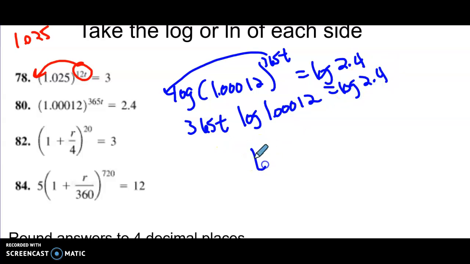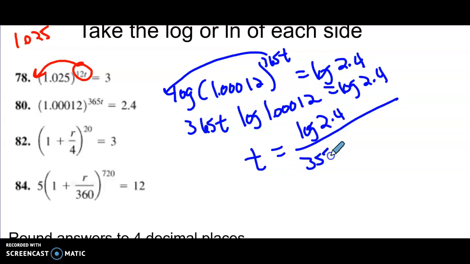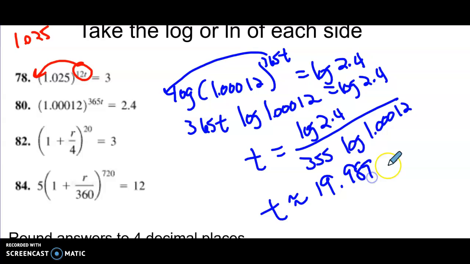We're going to divide everything except the t. So I have log of 2.4 divided by 365 log of 1.00012. And then we'll see what we get. When I do that math, I get 19.98906996.